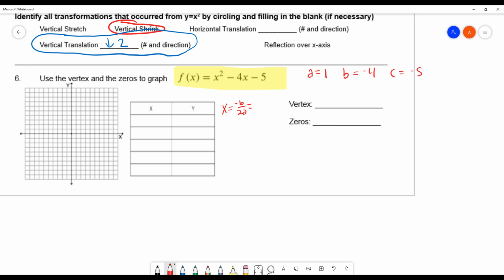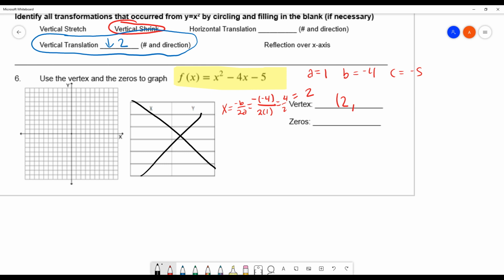Okay, so that's going to be negative times negative 4 over 2 times 1. That's going to give me 4 over 2, which is 2. So my x-coordinate is 2. And we don't actually need this table here because we're not going to use it.